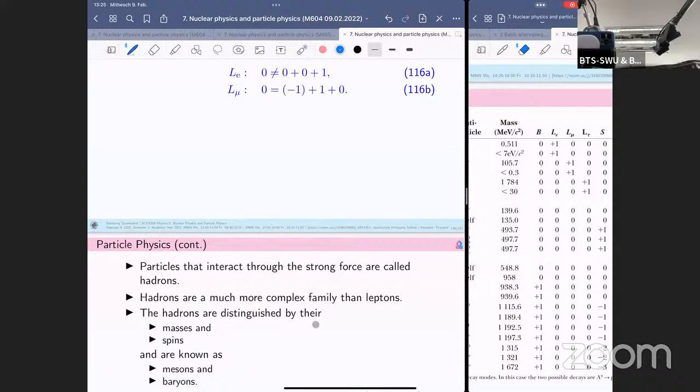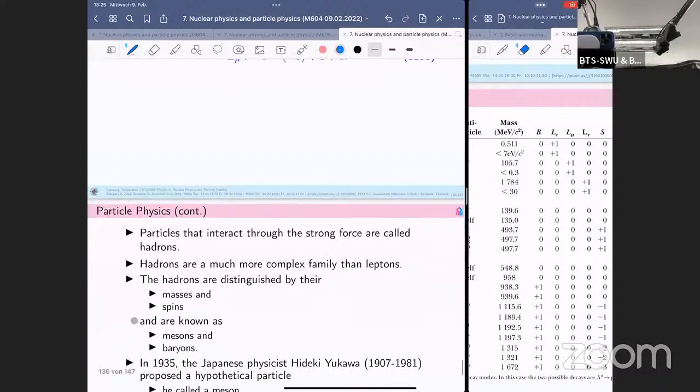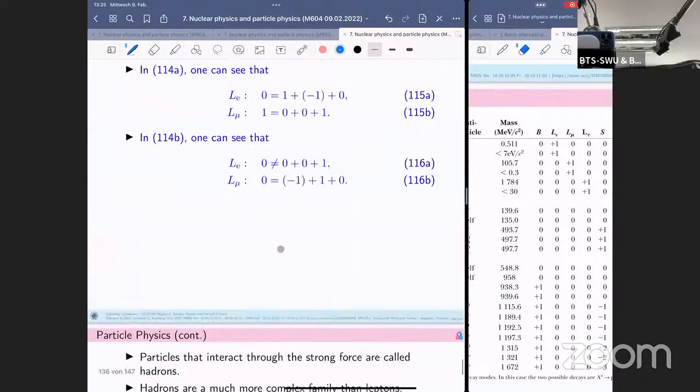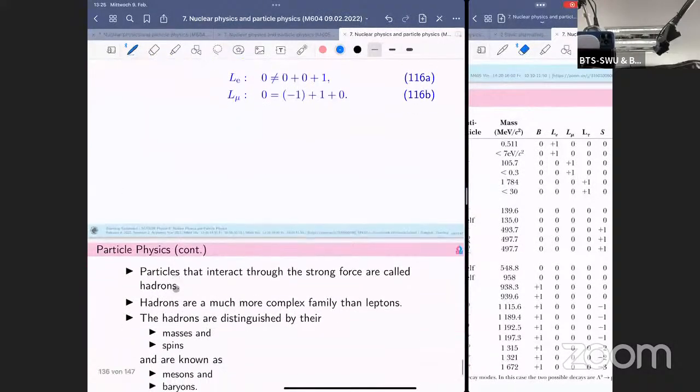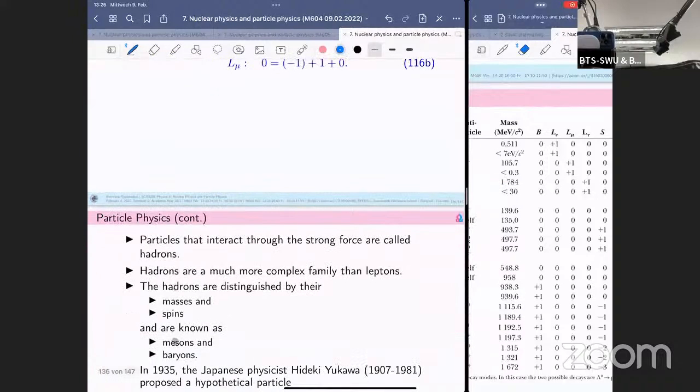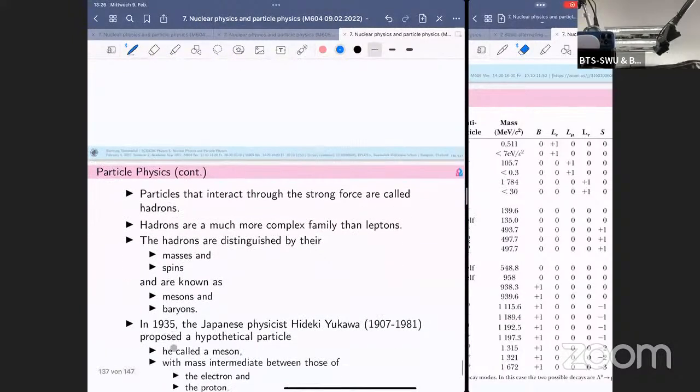The hadrons are distinguished by their masses and spins. Before we separate hadrons from leptons, right? Now, hadrons can be classified into 2 types. The first one is called Meson, and the second one is Baryon.